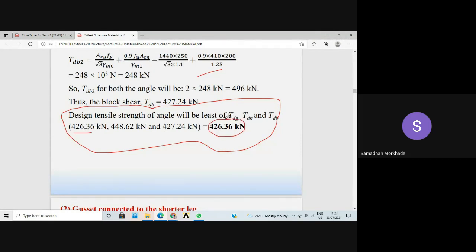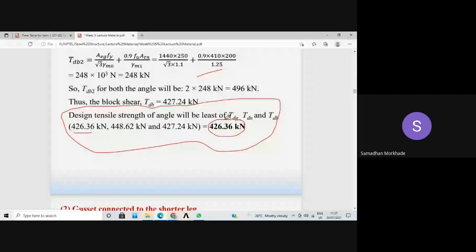In that problem, we discussed two cases because of the angle section. There are two possibilities of fabrication.